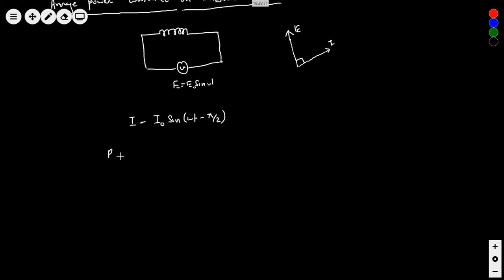So electric power, we know, is E into I. This gives me E naught sine omega t times I naught sine of omega t minus pi by 2, right? This is nothing but cos. So E naught I naught sine omega t is actually minus cos omega t.